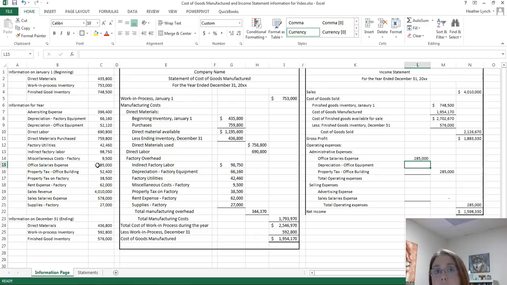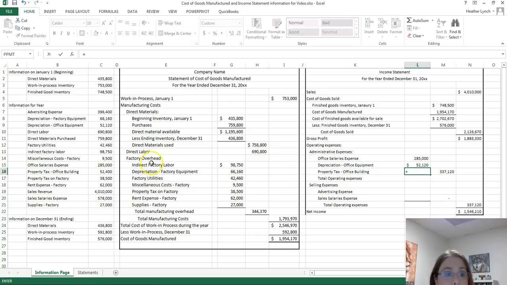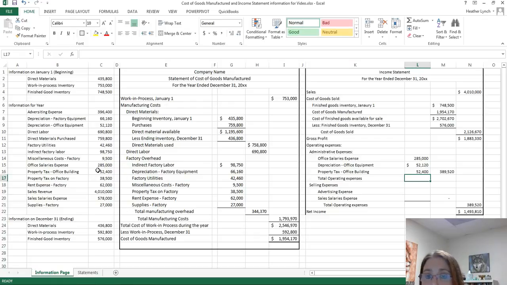You also had a depreciation for office equipment. This is where the depreciation for the office equipment goes. So that was $52,120. Remember, we had two property taxes over here. We had property tax for office and property tax on factory. This is where the property tax on the actual building, not related to factory, goes. So that's $52,400.